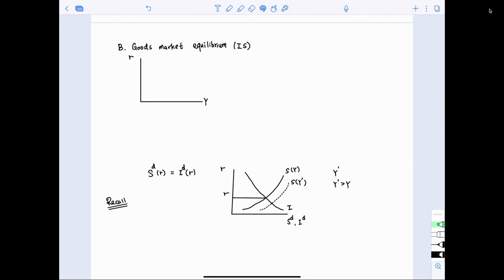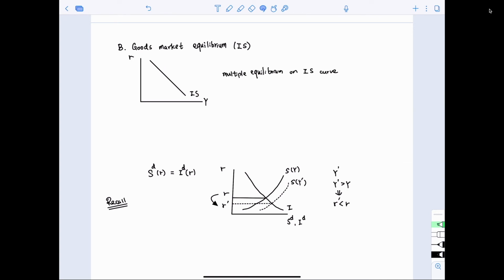Because of that, the economy will end up with a lower real interest rate in equilibrium. In other words, when output is higher, the real interest rate is lower. There exists a negative relationship between R and Y when the goods market is in equilibrium.